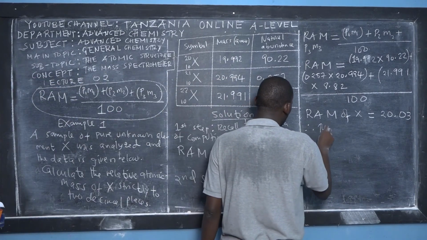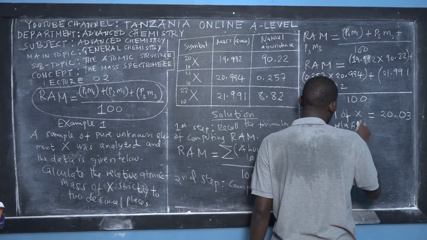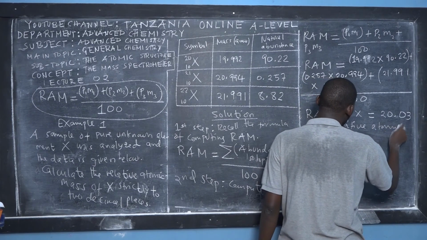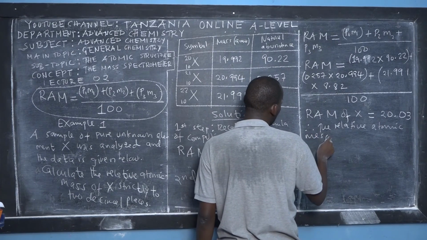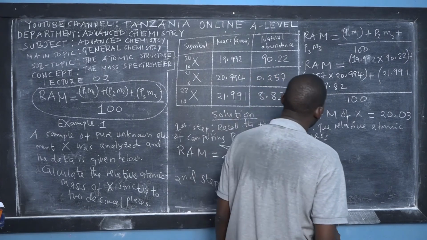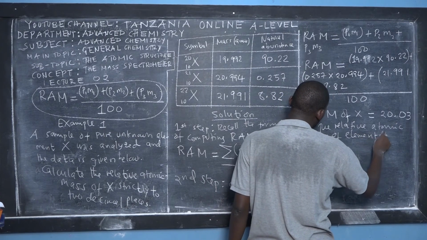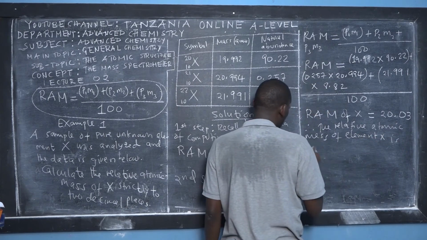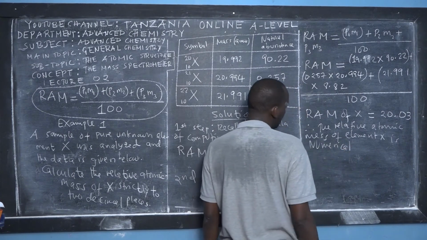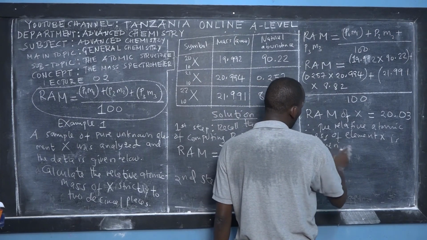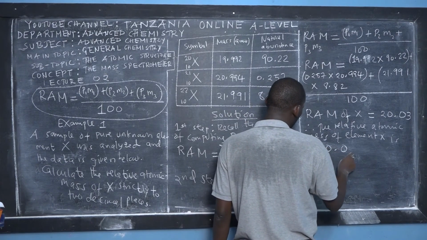Therefore, the relative atomic mass of element X is 20.03.